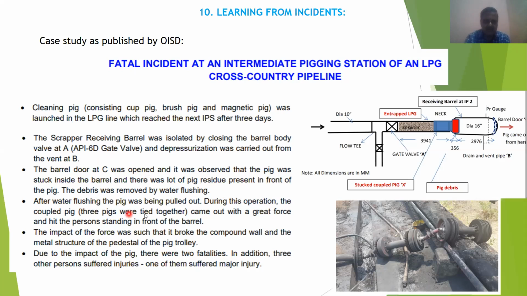After water flushing, the pig was being pulled out. During this operation, the coupled pigs, 3 pigs tied together, came out with a great force and hit the person standing in front of the barrel. So this is what exactly happened.